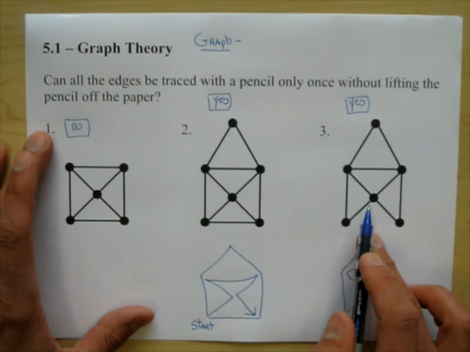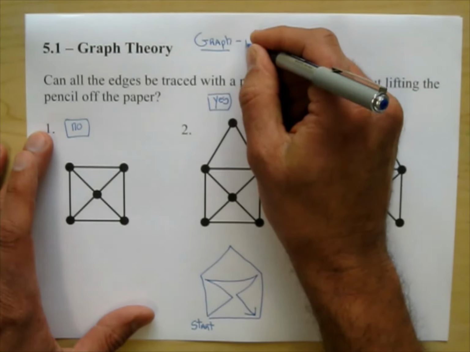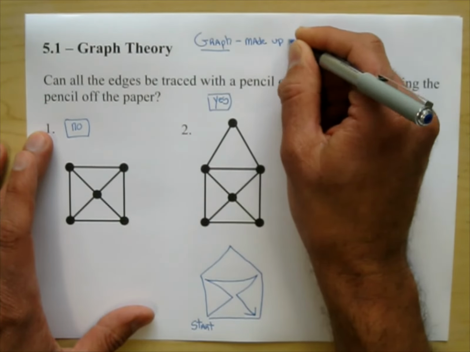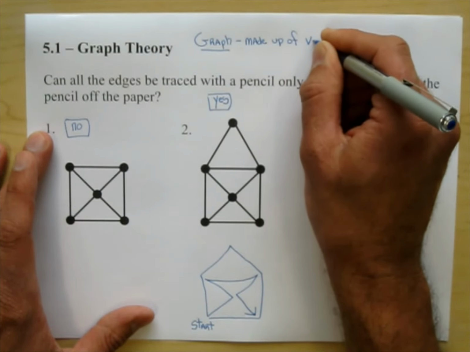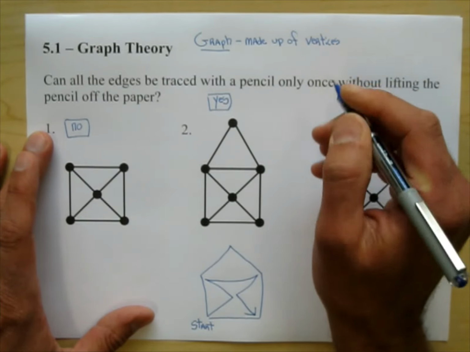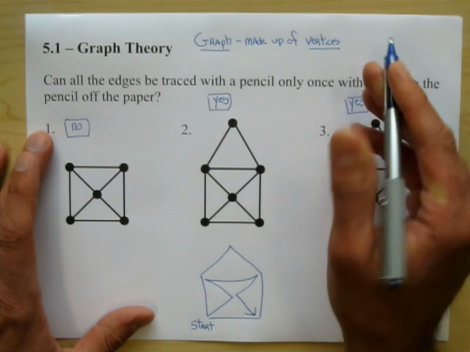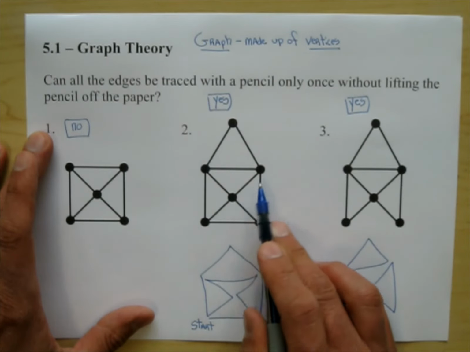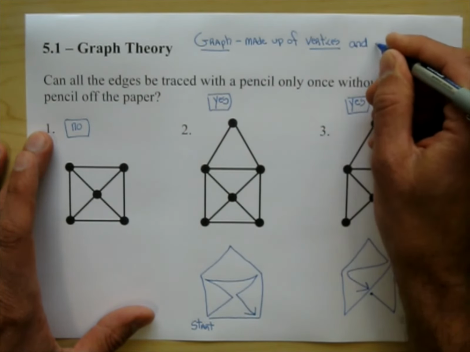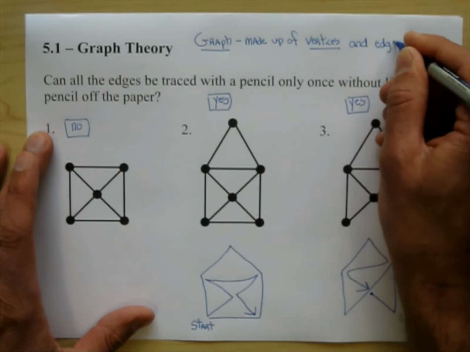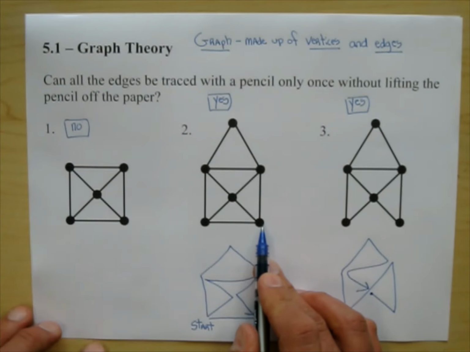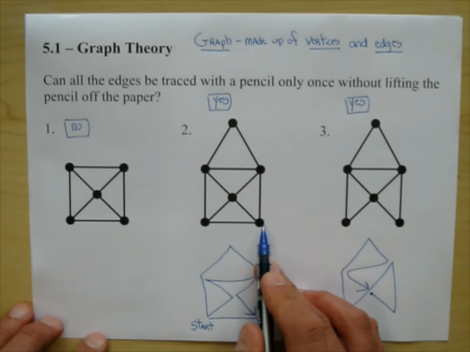Those are graphs. They are made up of vertices. The singular is vertex. They're made up of vertices, those are the dots, and edges. And those are the lines. So that's what a graph is made up of, vertices and edges.